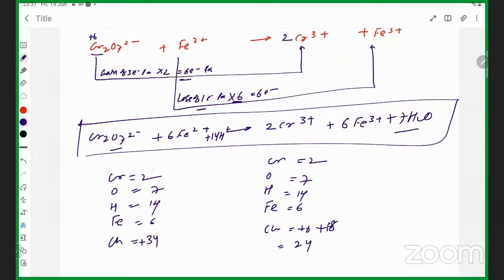Wait, these charges are a little bit tricky. So minus 2 plus 12 plus 14, so that is plus 24. So these are also balanced. Everything is balanced.